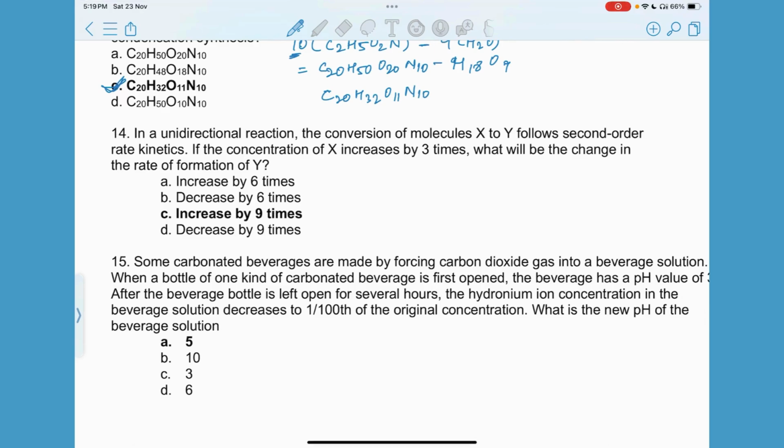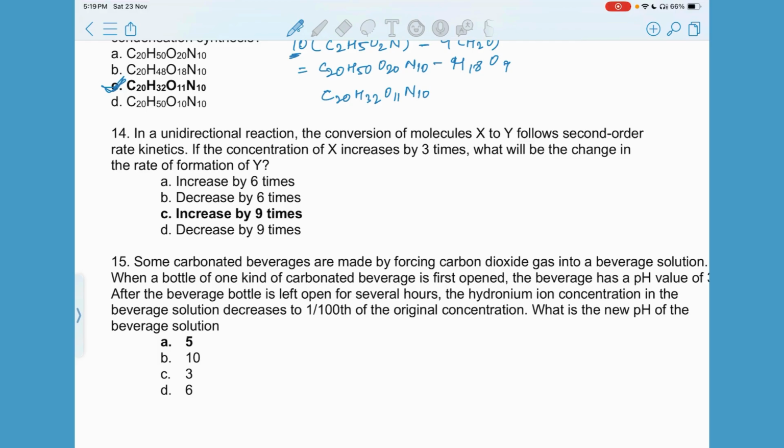Let's go to the next question. The next question says, in a unidirectional reaction, the conversion of molecules X to Y follows second order rate kinetics. If the concentration of X increases by 3 times, what will be the change in the rate of formation of Y?